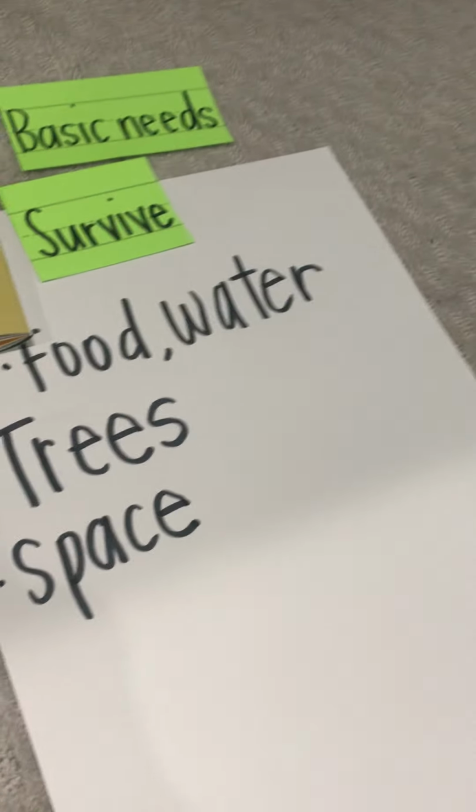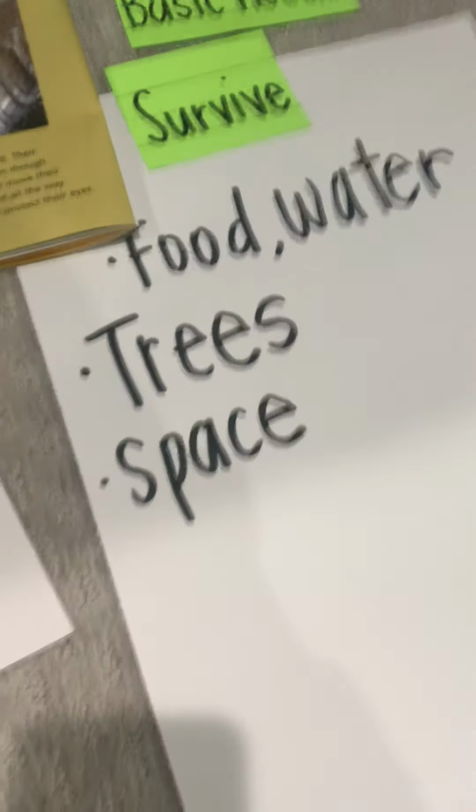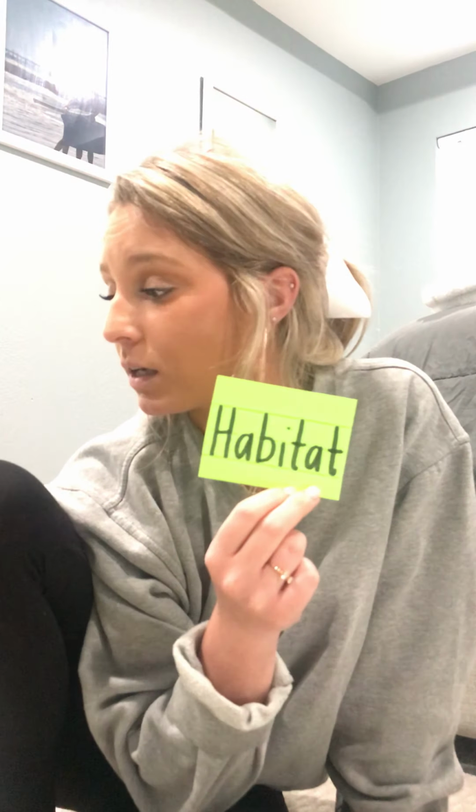When we think about owls and their habitat, I thought this was kind of cool. Owls' habitat, they can be found in deserts. Or they can be found in the Arctic tundra.